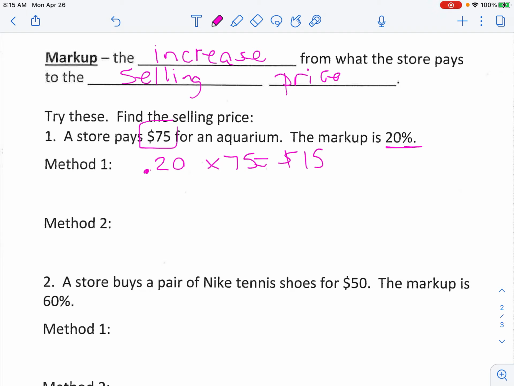So if you go to your calculator and multiply 0.2 times 75, the answer is going to be 15. Well, if the store paid $75 and they've marked the price up by $15 so they can earn a profit, then they're going to charge you $90 for that aquarium.